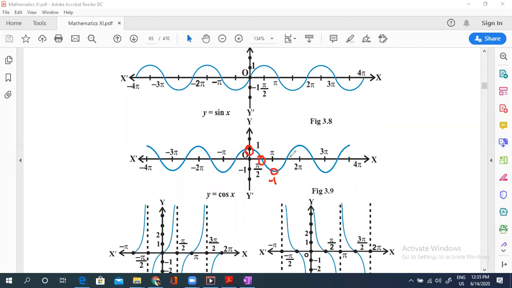And again until 2 pi, increasing. If you see this, the same graph is repeating. Yeah, the same graph is repeating, right? Got it? So this is the graph of cos x.